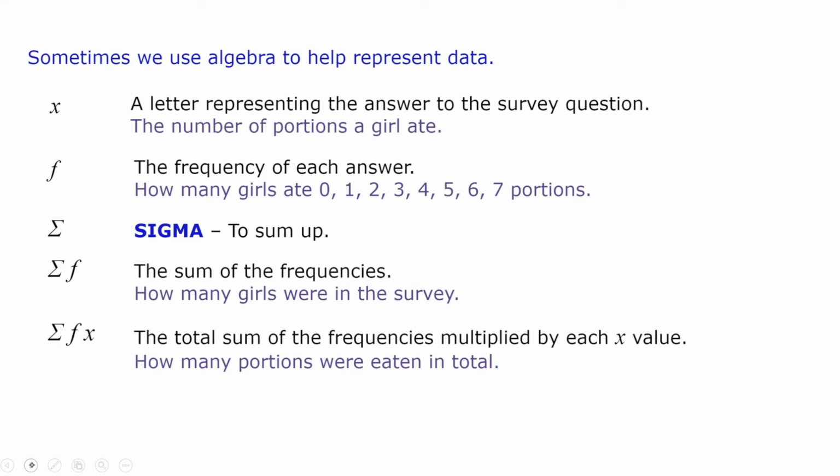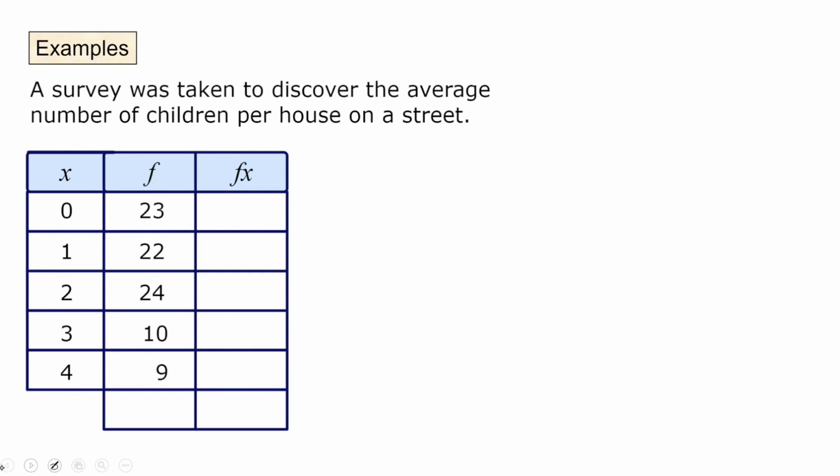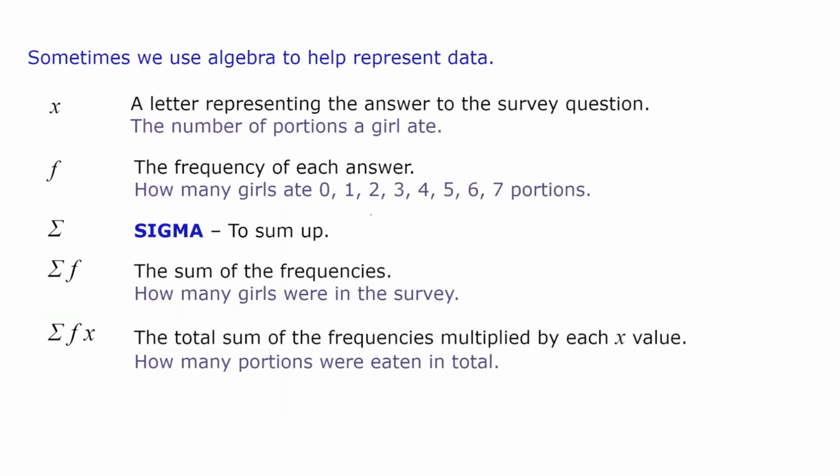The frequency of each answer is given the letter F. Now this here, you write it like this. That is called sigma, but that means the total, okay, or the sum then, the sum of. Okay, so here if you see sigma and then with F after it, it means the total frequencies.